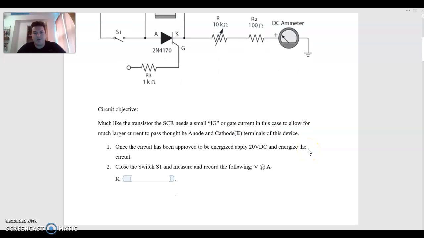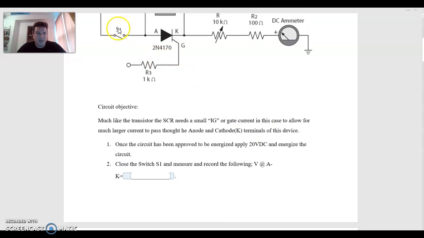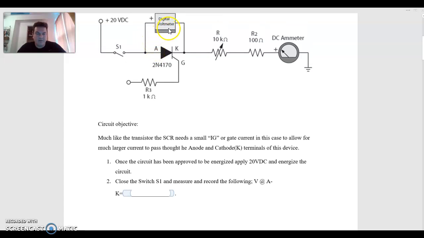Once the circuit has been approved, we're going to energize the circuit and apply 20 volts DC to the SCR itself. Once we have 20 volts measured between the positive and the ground or the negative of the circuit, with the DC voltmeter across the anode and cathode terminals of the SCR, we're going to close switch 1.